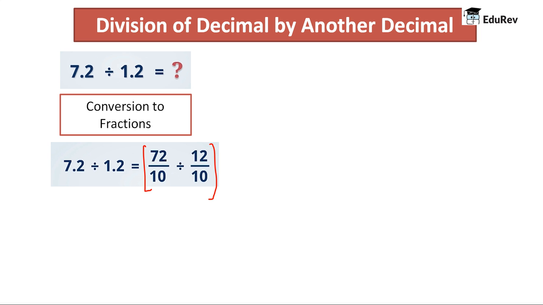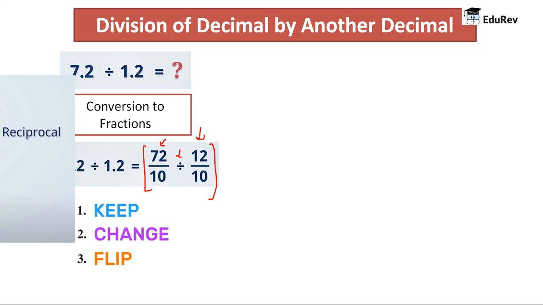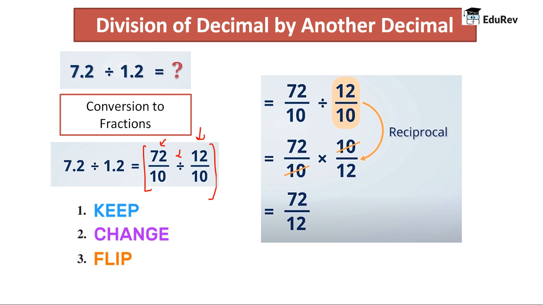Now how to carry out this division of fraction with another fraction? We will again follow this method of keep, change and flip. We will keep this fraction as it is. We will change this divide sign into multiplication sign, and we will flip this fraction. So keeping this as it is, it will come 72 by 10.